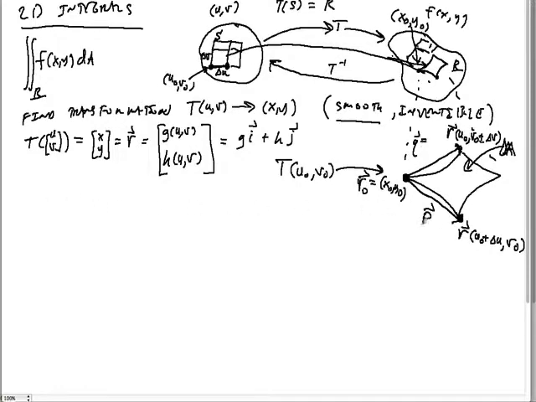From p and q we can get an estimate of this delta A interval. So delta A is going to be the vector magnitude of p cross q. So p cross q is fine, but we've got to estimate what they are.